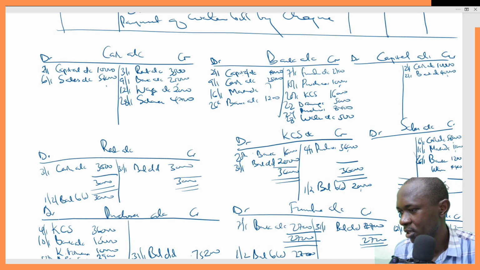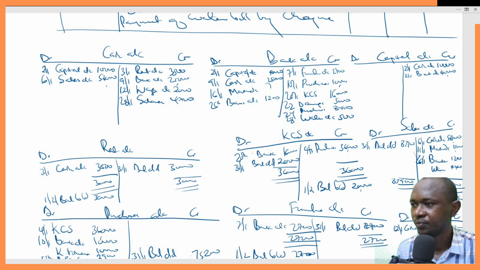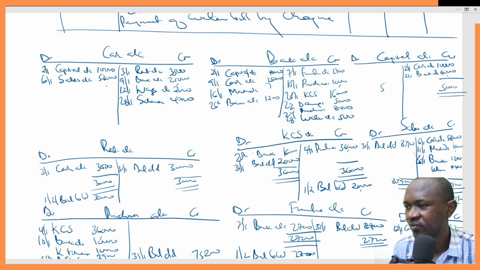This is on 31st January. On 1st February, balance brought down is 83,900, like that. So here we have 50,000. Close it down. 31st January, balance carried down is 50,000. On 1st February, balance brought down is 50,000.